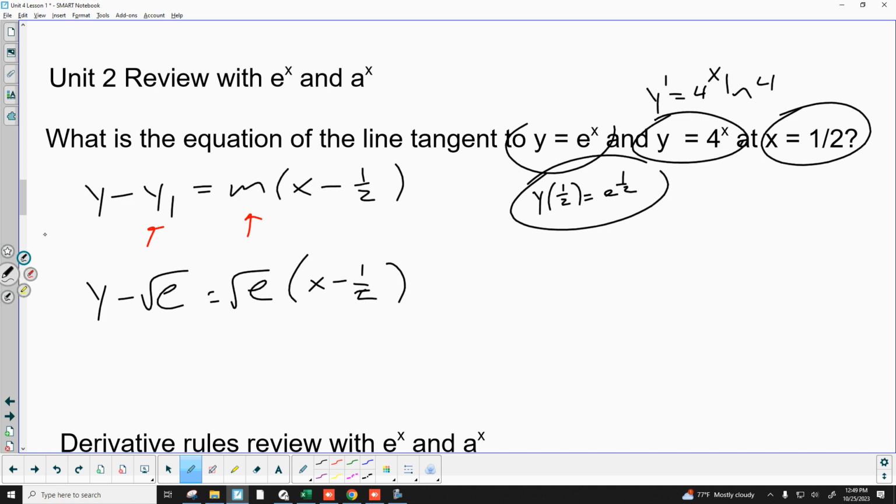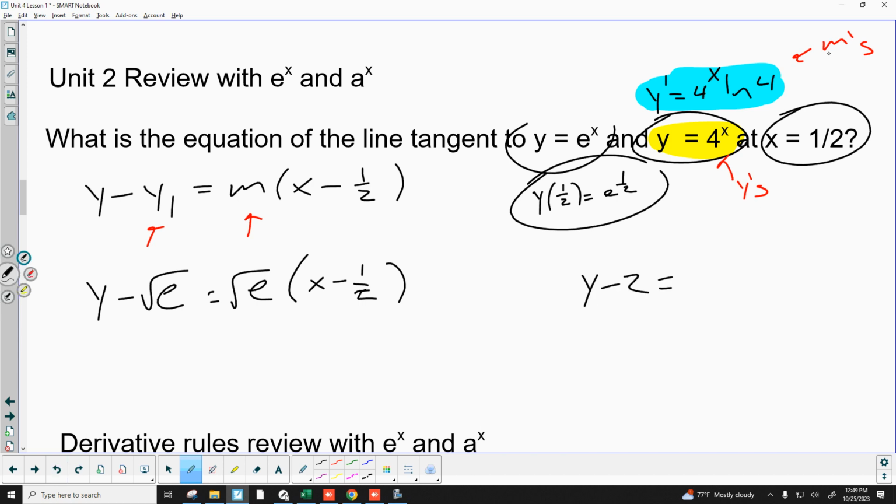So remember, plug in x's, get y's. Plug in x's, get m's. If I plug in a half into 4 to the x, I get 2. Oops, that's a y minus 2.